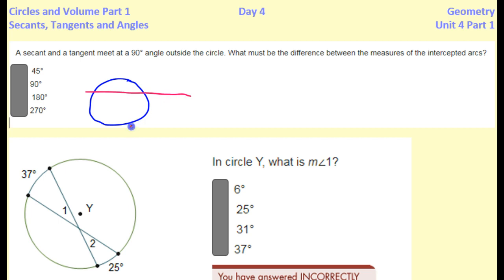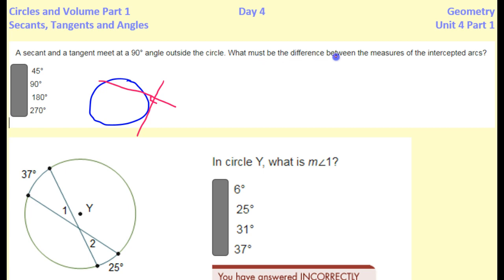A tangent is a line that just barely skims the circle like this. Okay, that would be a tangent. Now these are supposed to meet at 90 degrees, so I'm going to draw this a little bit better. Okay, that's a little bit better. So this is 90 degrees right here.